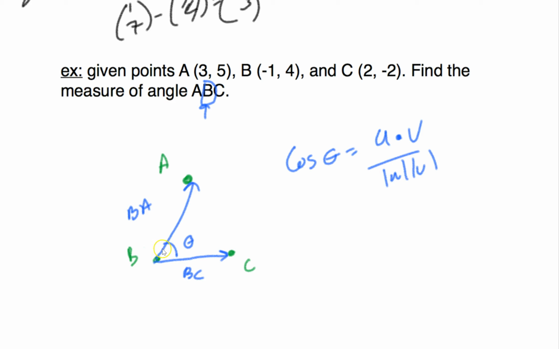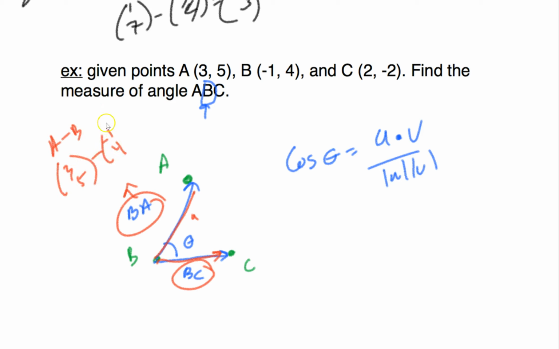My u is BA, and my v is BC. What is BA? Remember, we do A minus B, tip minus tail. So 3, 5 minus negative 1, 4, and I get 4, 1. So that'll be the vector here, and 4 squared plus 1 squared for the magnitude.